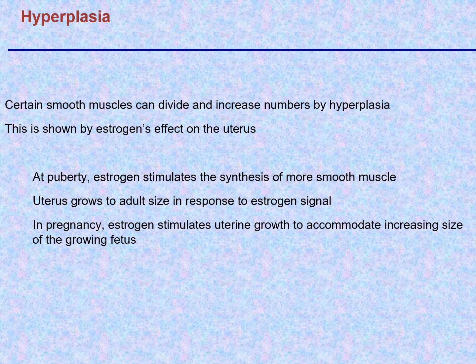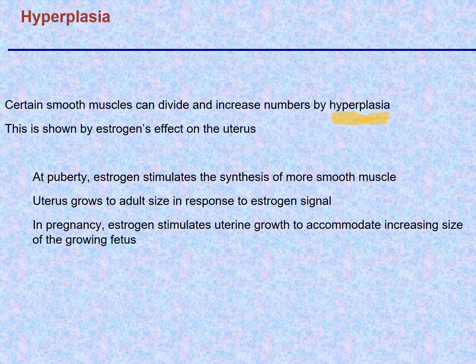Under certain circumstances, you get a normal increase in numbers, and in other cases, with disease, you can get an increase in the number of smooth muscle cells. That's a process called hyperplasia. This is a pathology or physiology term which refers to an increase in number of cells.